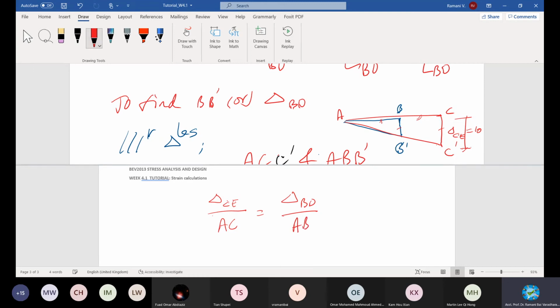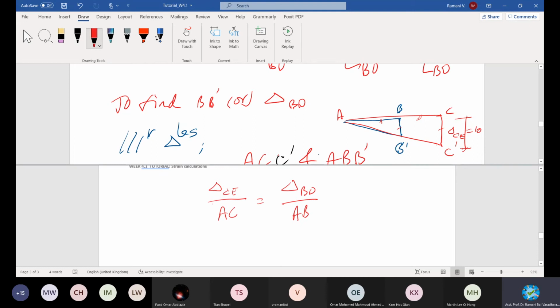Okay, I reverse it, easier for you: delta CE over delta BD equals AC over AB.